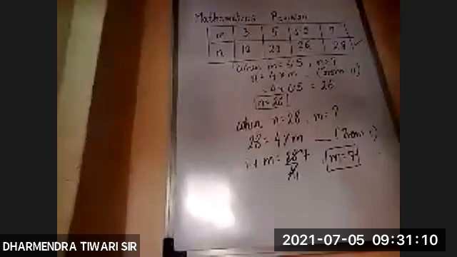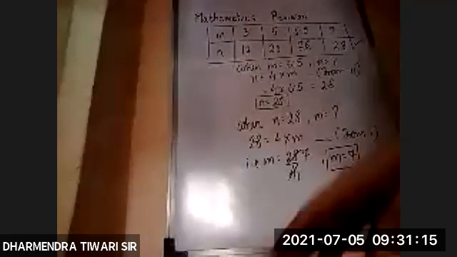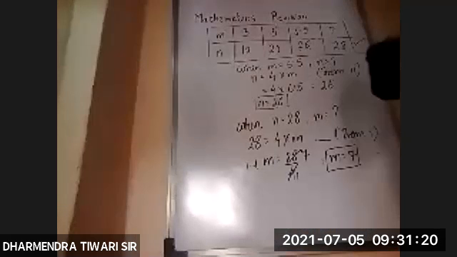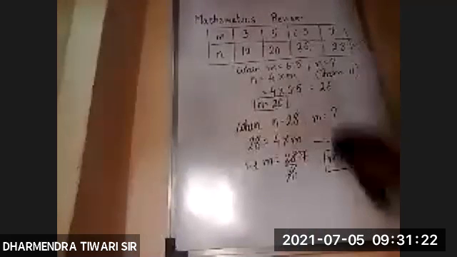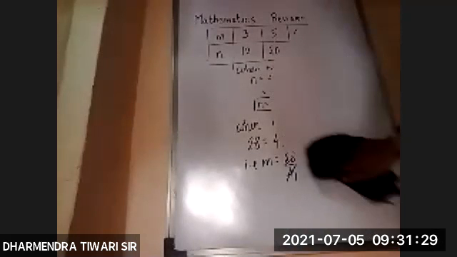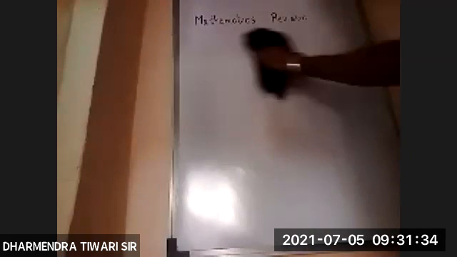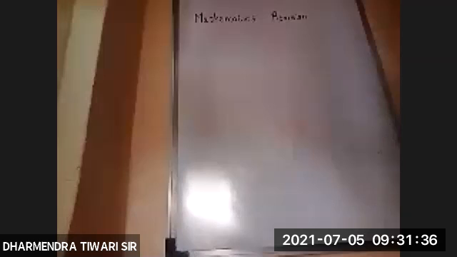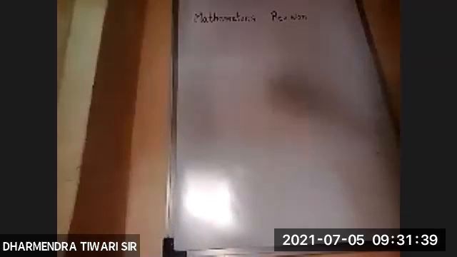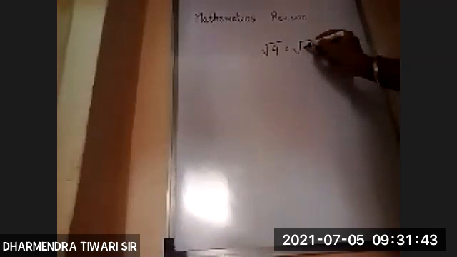Now we will deal with one more problem in which we'll have a square root. Hope you know the square root form. If we have a perfect square inside the square root, for example, square root of 4, it is written as square root of 2 into 2.